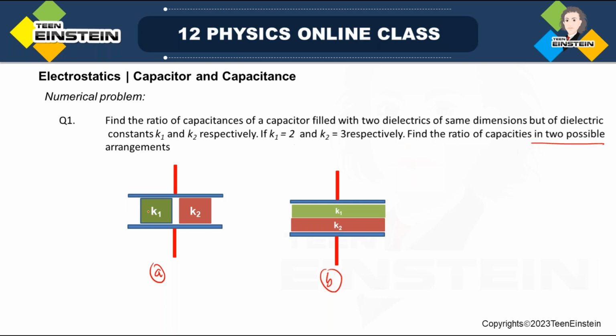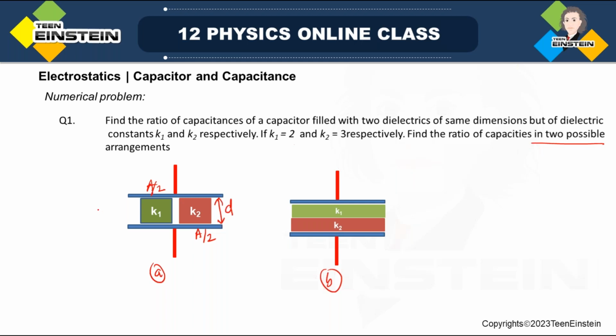In case A, this dielectric material with dielectric constant K1 has just half the area of the plates, and this one also has half the area of the plates. But the thickness is D for both of them.